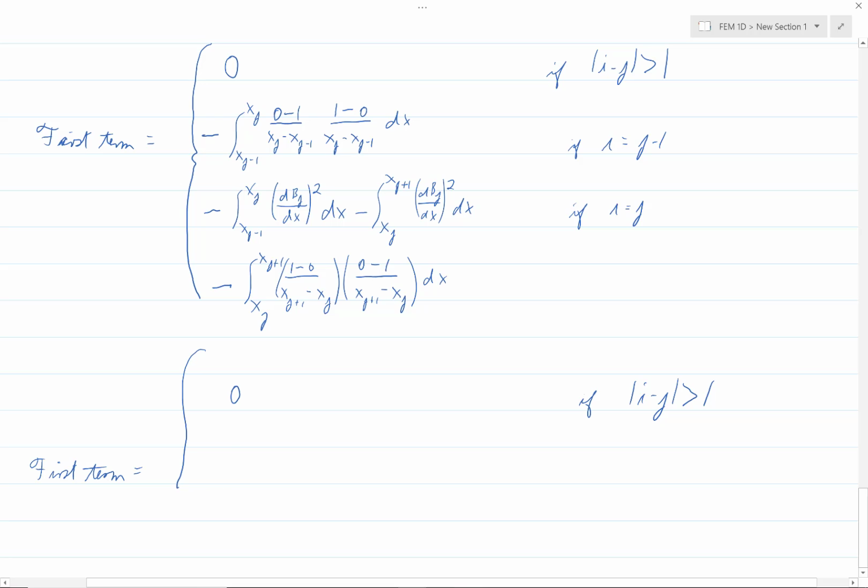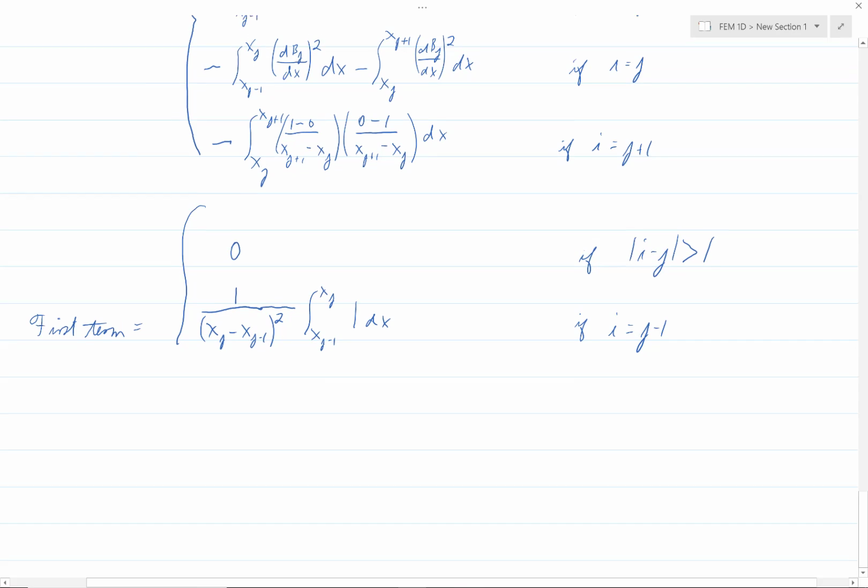So we just have 1 over (xj minus xj minus 1) squared times the integral from xj minus 1 to xj of 1 dx. And that is if i equals j minus 1. And by the way, this one is if i equals j plus 1.